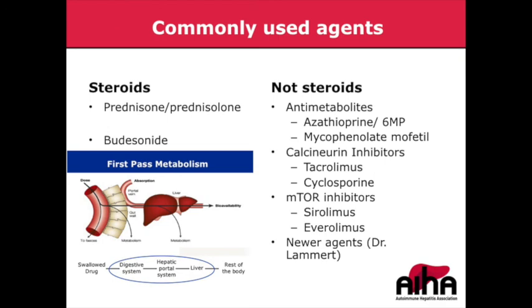The non-steroid group, the famous one is azathioprine, or 6-MP, 6-mercaptopurine. It's what we call an anti-metabolite. It inhibits DNA synthesis and lymphocyte replication, and really has been a stalwart in our arsenal for treating autoimmune hepatitis, for maintaining remission and helping minimize prednisone in the short term and long term.